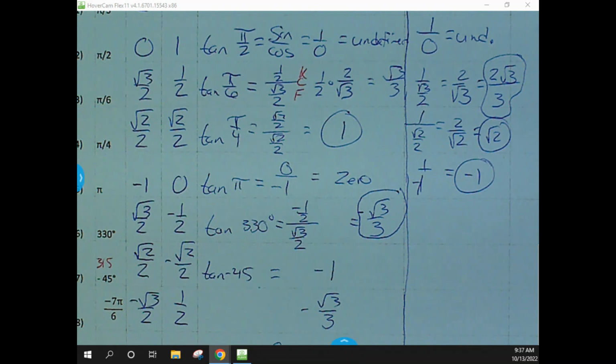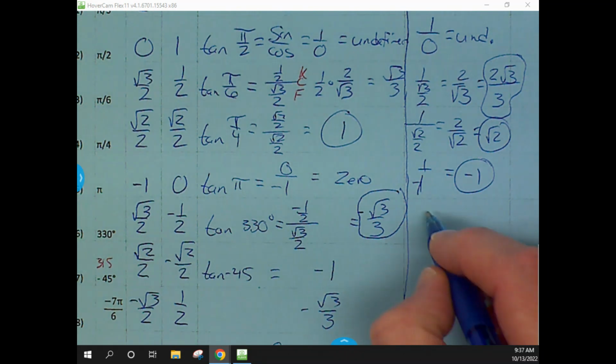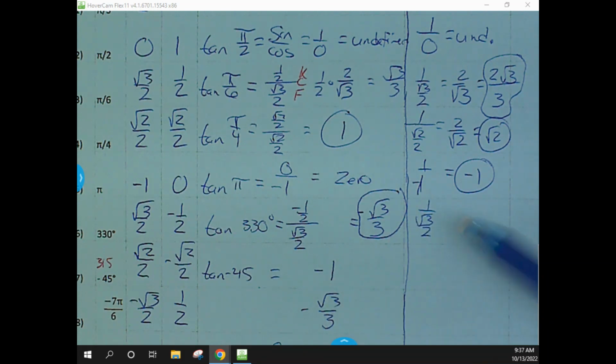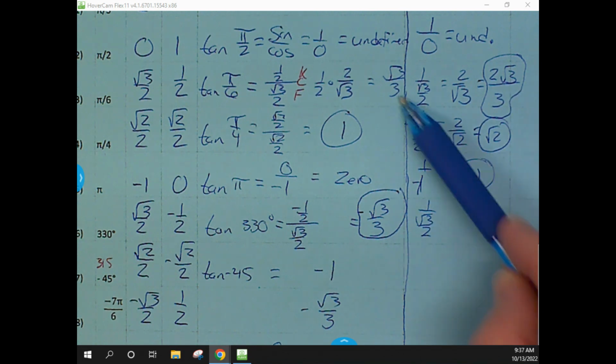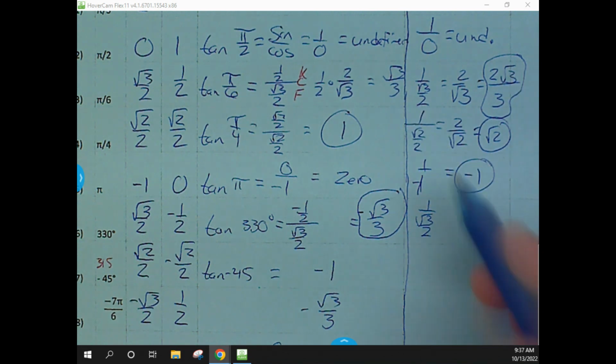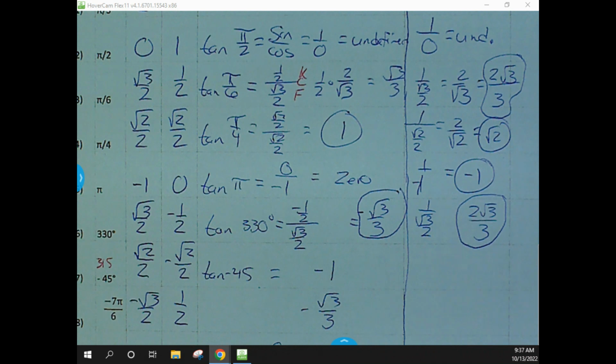Well, you actually do get some more of those because on the next one, it's 1 over square root of 3 over 2. But we already did that one right here, right? So since we already did this same problem here, we've got the answer there. That's 2 square root of 3 over 3. Same thing with these. All these answers are going to keep repeating because there's only so many numbers that we can use.